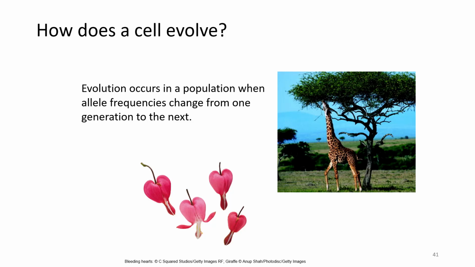Allele frequencies. We talked about genes previously. We say genes are the recipes to create proteins. Alleles are forms of the gene. So you can have a gene for eye color, and let's say a fly can either have red eyes or brown eyes.